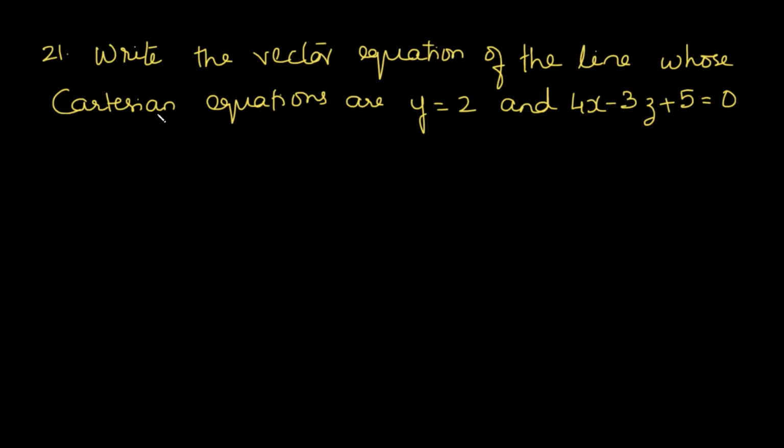The 21st sum: write the vector equation of the line whose Cartesian equations are y is equal to 2 and 4x minus 3z plus 5 is equal to 0. Now we are not very familiar with this form of Cartesian equation of the line, isn't it? So let us try and modify this. From 4x minus 3z plus 5 is equal to 0, we get 4x is equal to 3z minus 5.